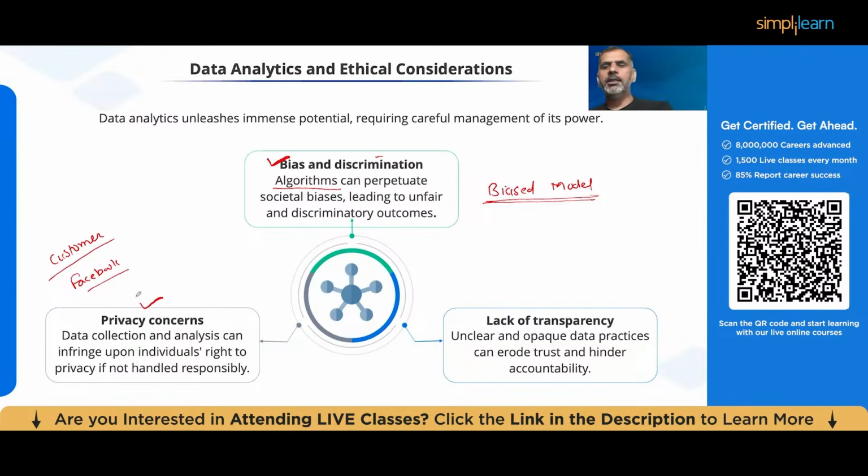If you do not handle it properly, it can be used in other ways to impersonate a person. A digital entity can be created which is going to impersonate a real identity. So it is very important to have data ethics in the process of data analytics.